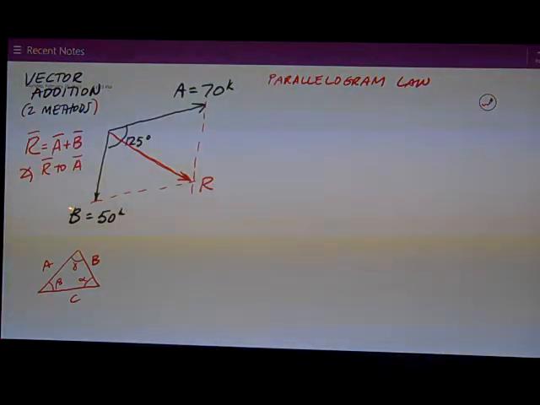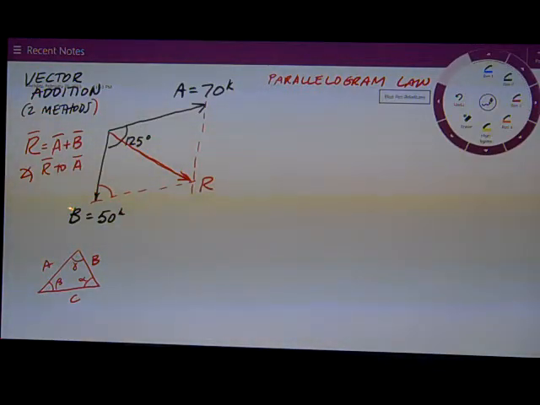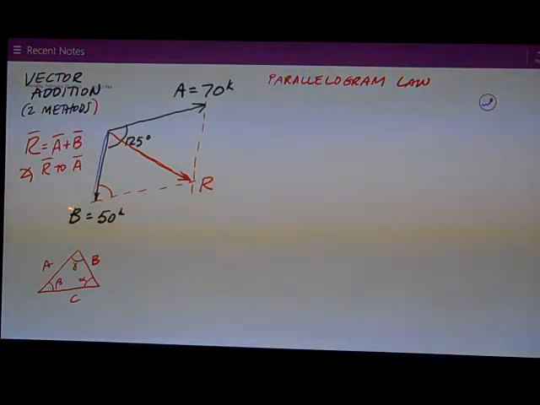If I know two sides and the angle between them, then I can say what the opposite side is of that angle that I know. So in this case, when you have a bigger than 90 degree angle, you have to do a little bit of geometry and supplementary angle work to see what I really want is this angle right here, opposite the resultant. This is the triangle that I'm dealing with.